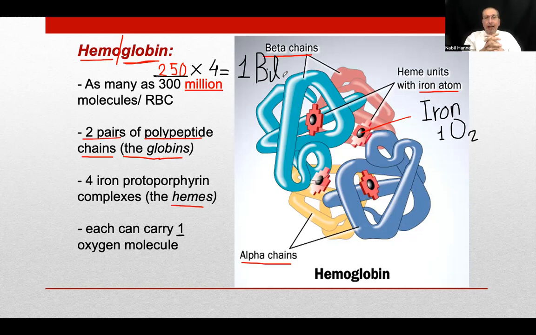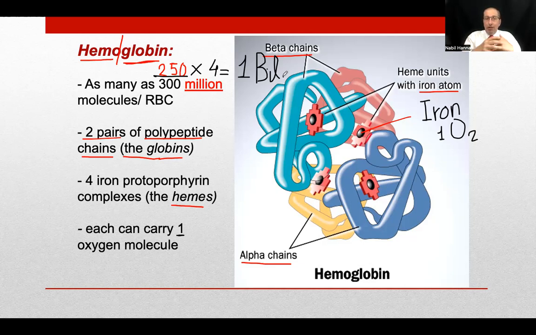And guess what? Out of this huge amount of oxygen, the red blood cell does not take a single molecule for its own metabolism. Why? Red blood cells do not metabolize aerobically. Why? Red blood cells do not have mitochondria. So red blood cells just metabolize anaerobically. They do not take oxygen for themselves.